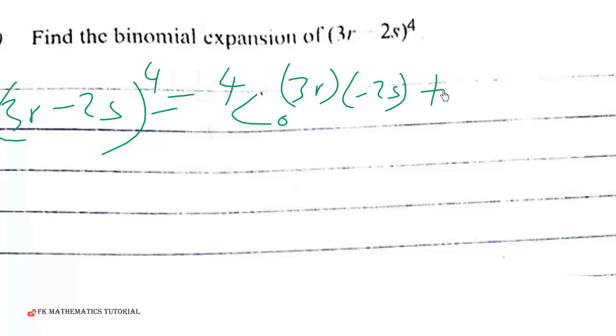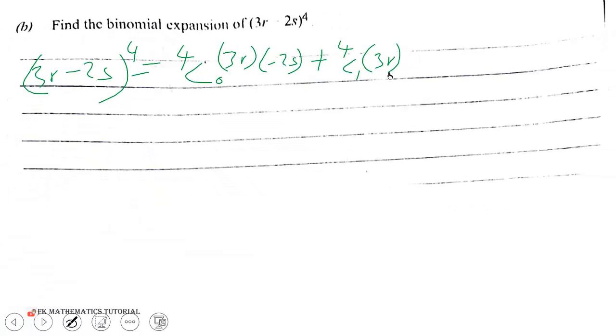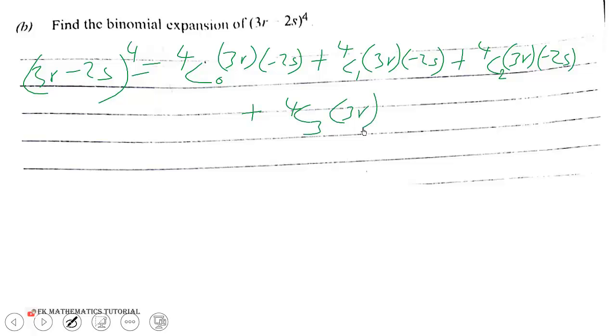Then 4 combination 1, 3r and negative 2s. Then 4 combination 2, 3r, negative 2s. Then 4 combination 3, and 4 combination 4.